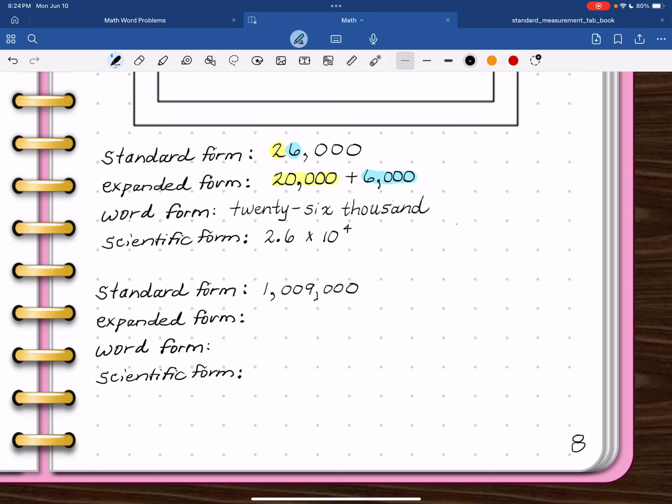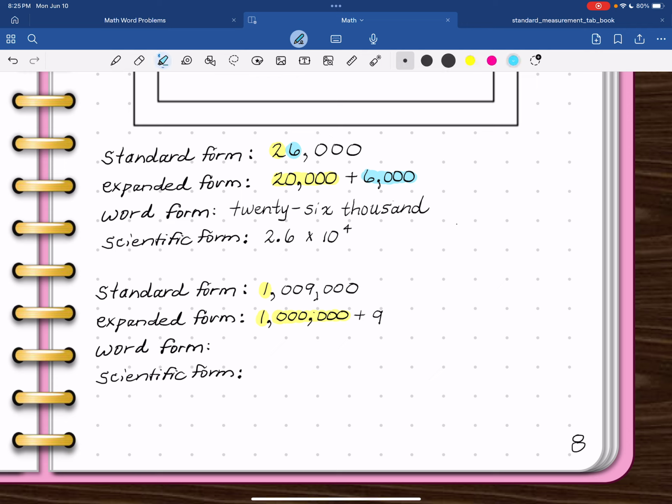Okay, expanded. I have a 1 right here with 6 places after it. That is 1 million. So this 1 corresponds to that 1, and it's a 1 in that million seat, so it's worth 1 million. And then I have a 9.